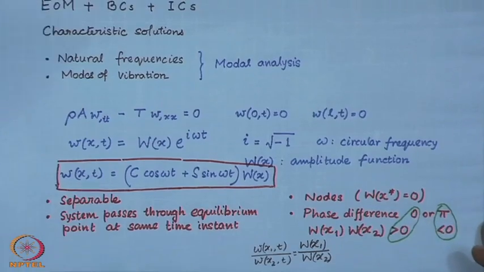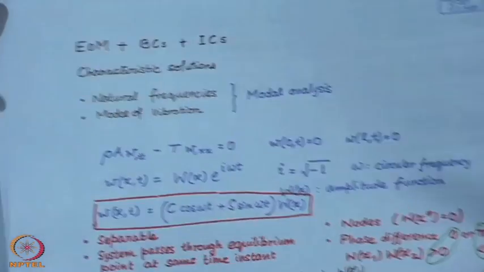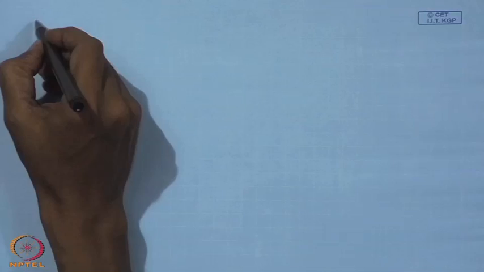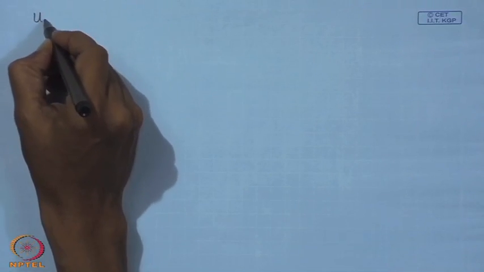So, we will start with this structure of the solution and try to find out the characteristic motion of the system. To do this we will start with the example of the uniform taut string.